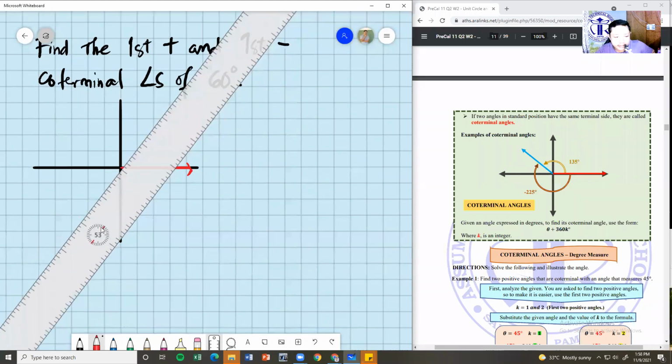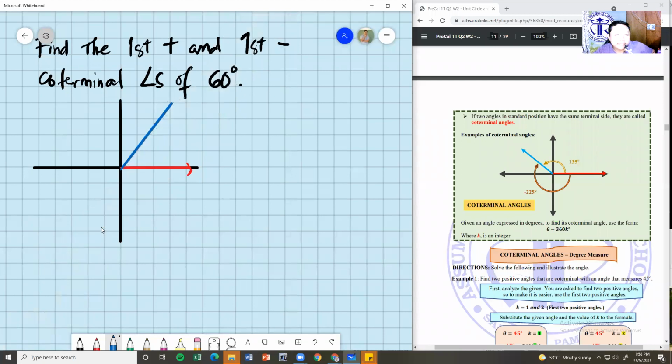This is the 60 degrees. So therefore, that is 60. That is our angle. So we need another positive, the first coterminal, and another negative. Okay. So yung 60 is not yet the coterminal.